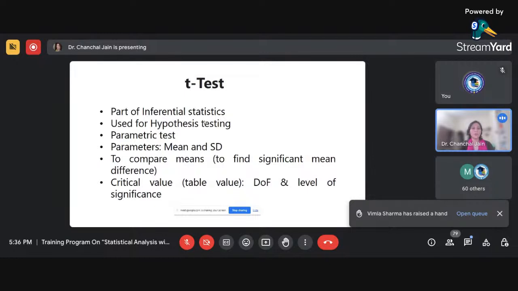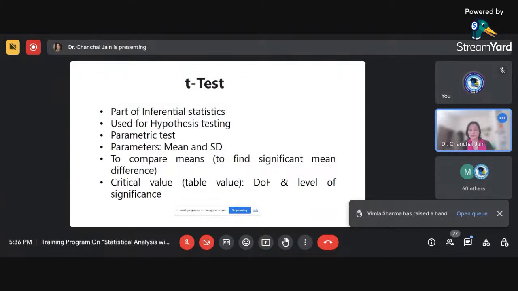Same with the t-test: using the t-test also, we can take a sample from the population, and whatever we conclude for the sample, we try to generalize for the population also. That is why we call this type of thing inferential statistics.